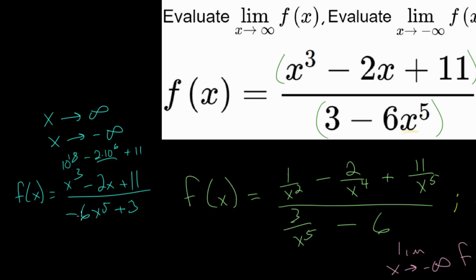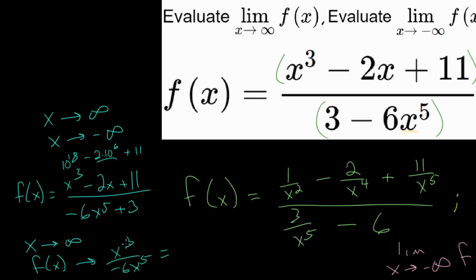And the same argument can be made for our denominator, though now we have an x to the fifth power term. So as x gets bigger and bigger, this constant matters less and less. So as x approaches infinity, our function starts tending towards the ratio of the highest powers in the numerator and denominator, this x cubed over minus 6x to the fifth.